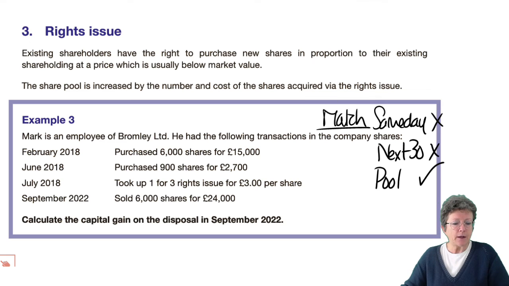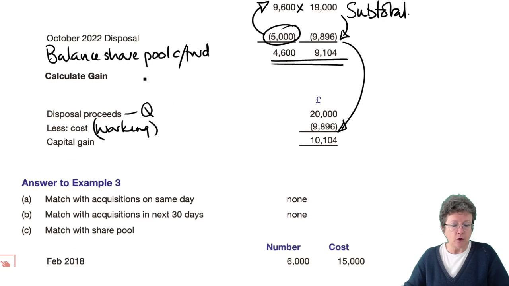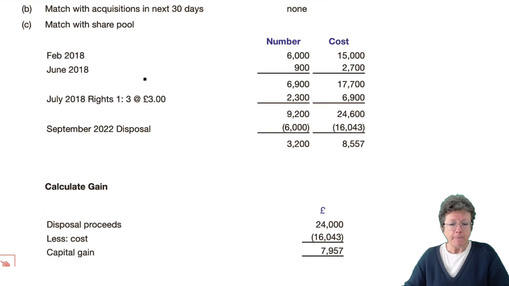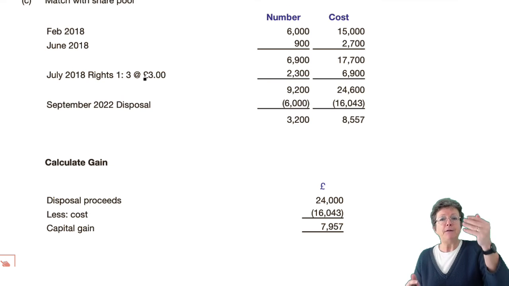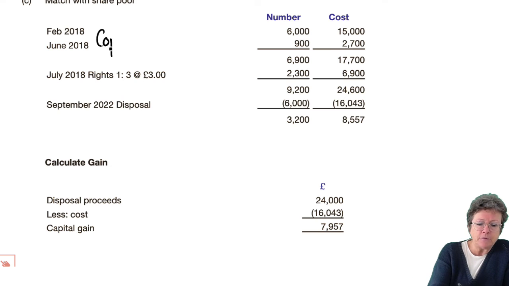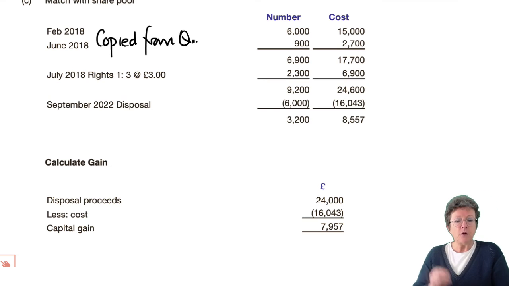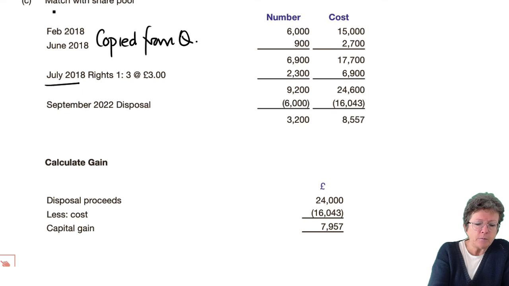So let's check and see how that looks in the answer. And again, the pool is a collection of all the shares that have been bought in the order in which they were purchased. So these have been copied from the question. Rights issue. Date. Maybe put a heading there.